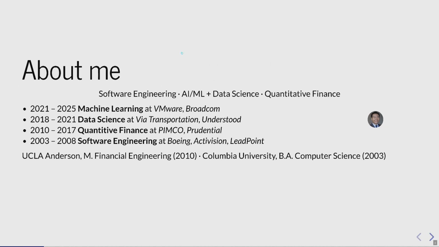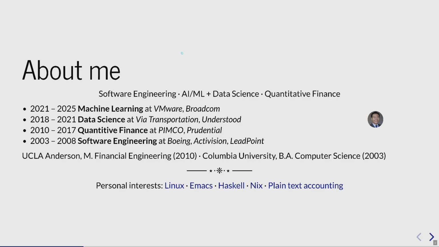Okay, so I am a software engineer at Broadcom. My background is in a combination of software engineering, AI/ML, data science, and also quantitative finance. These are some of the things that I've done over the past almost 25 years now. I went to UCLA for financial engineering and studied computer science at Columbia.